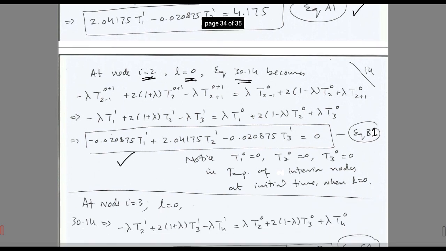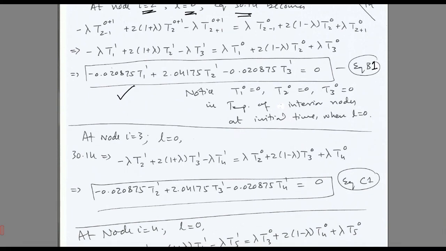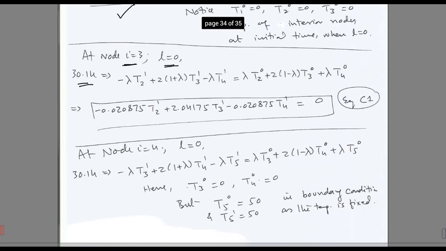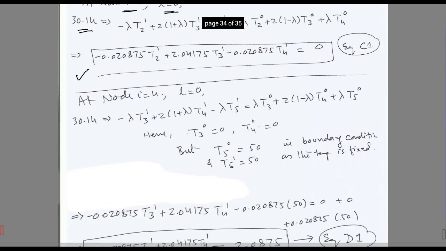All interior nodes are at 0 temperature at the first time. At node 3, the equation C1 here, and similarly for the fourth node.